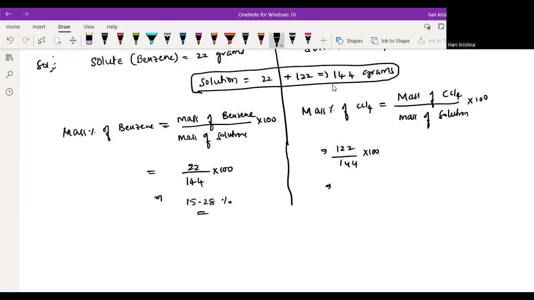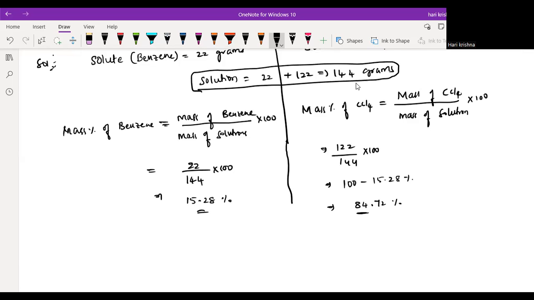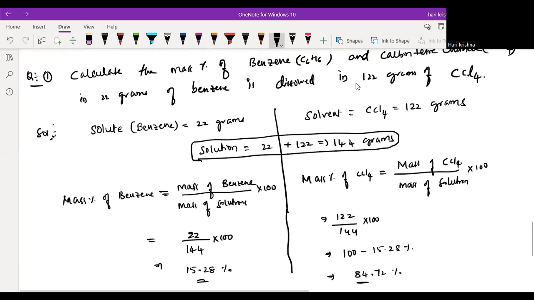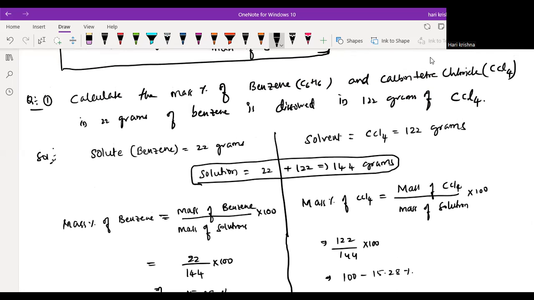This one. What about this? If you do 100 minus 15.28%, it will form 84.72%. Okay, that is the mass percentage of CCl4. Any doubts in this problem?